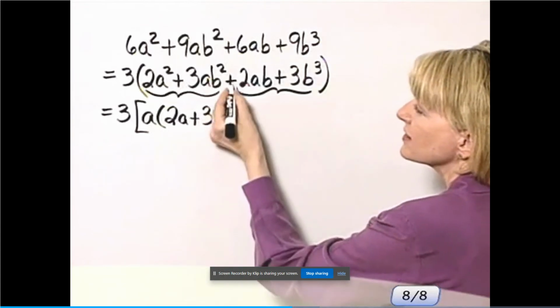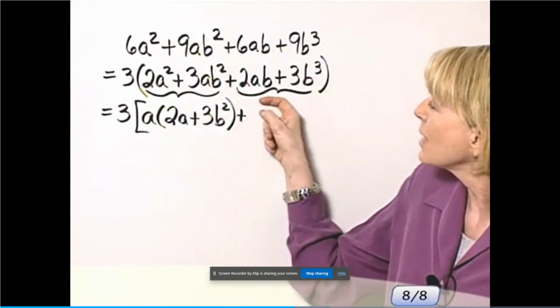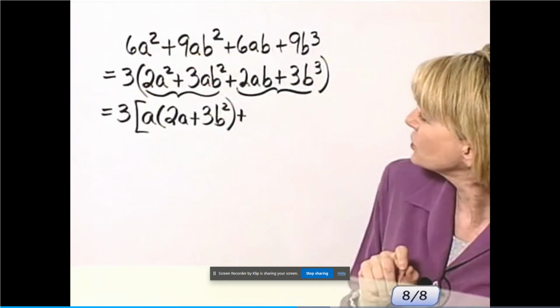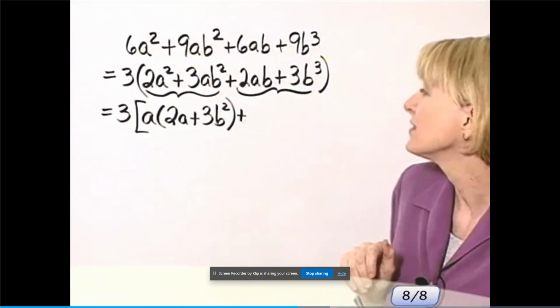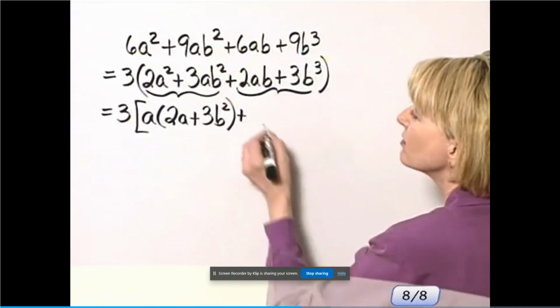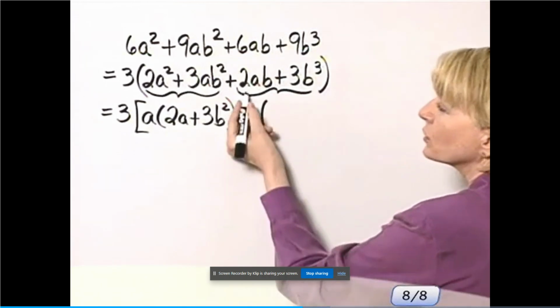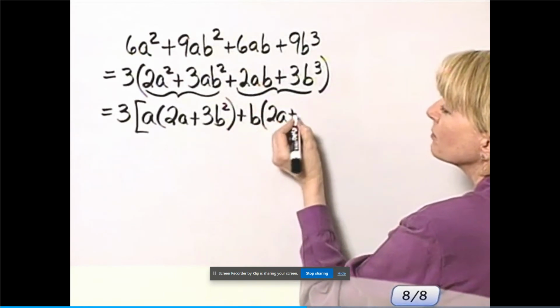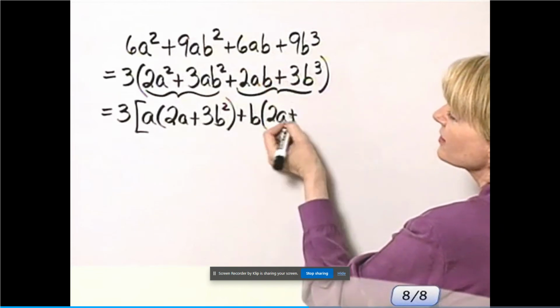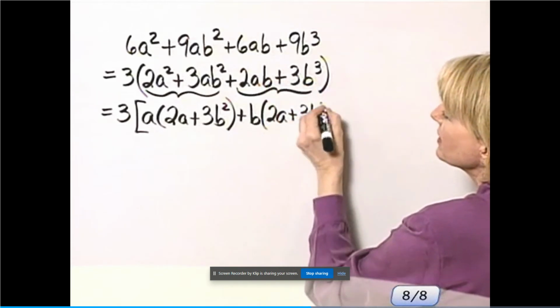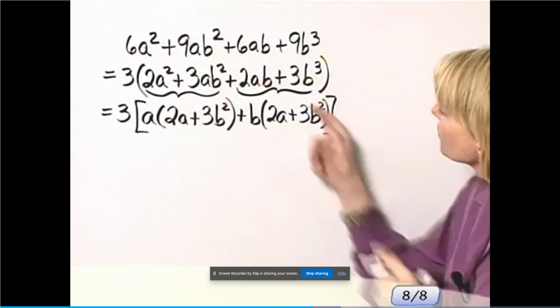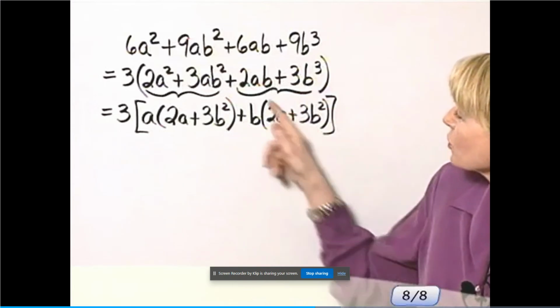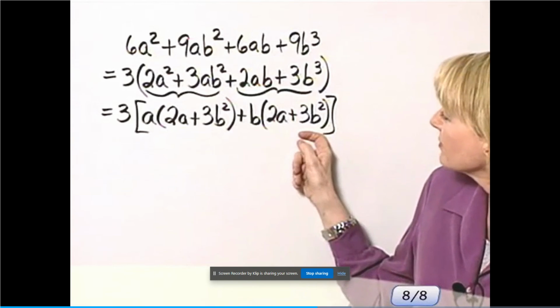Plus, that's this plus. Now, is there a common factor common to these two terms, this second group? The answer is yes, there's a common factor of b. When I factor it here, I'll have 2a left from plus 3b squared when I factor it from that second term in that second grouping.